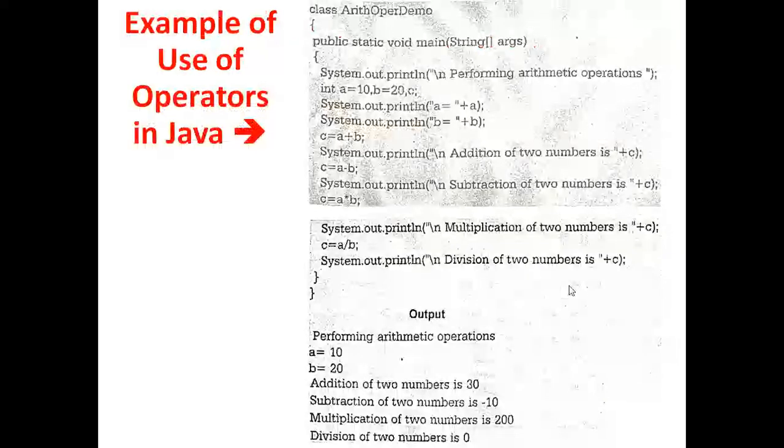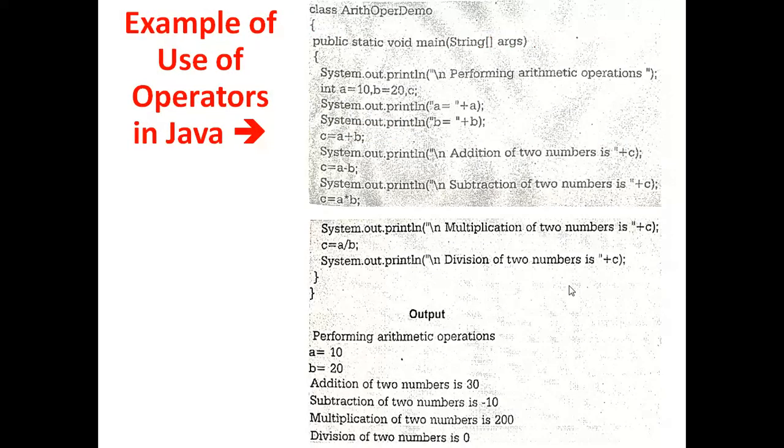Now we'll see the use of these operators in Java programming. Here I have written one class which is known as Arithmetic Operator Demo. In the same class I have written the main function. In main I have written to display performing arithmetic operations, for which I have used system.out.println.